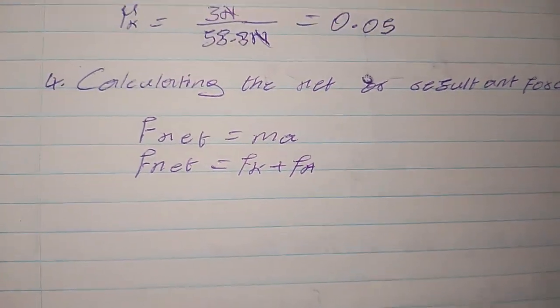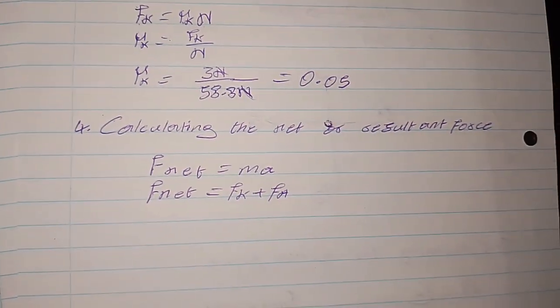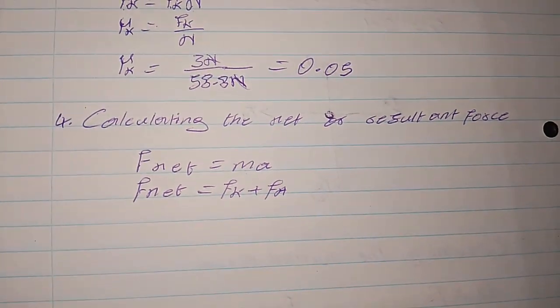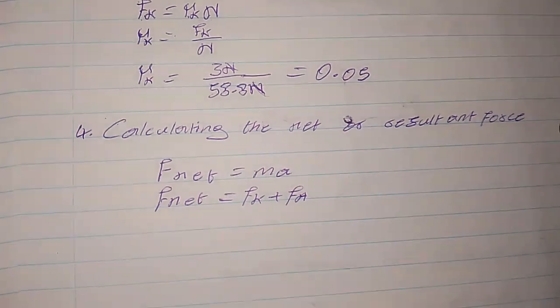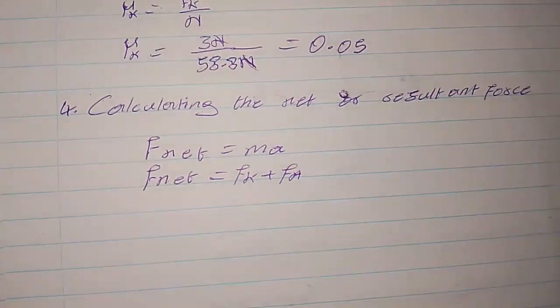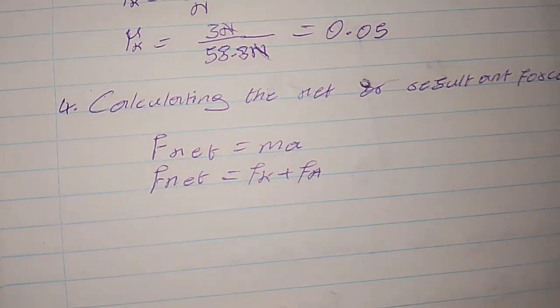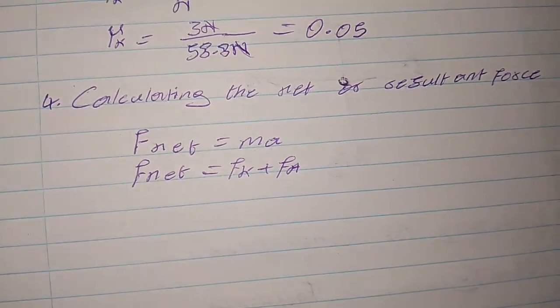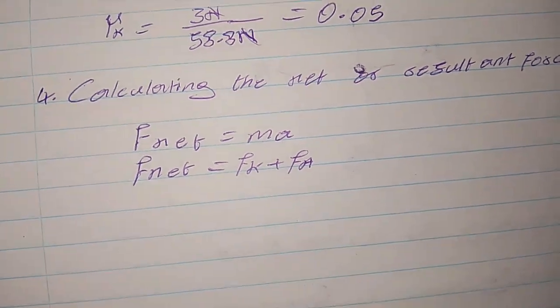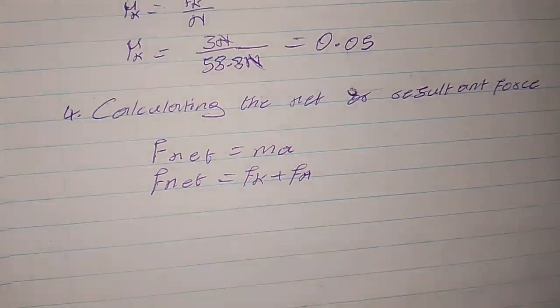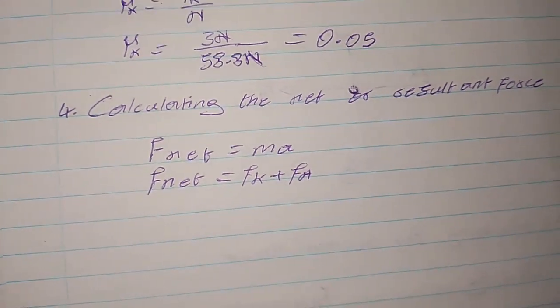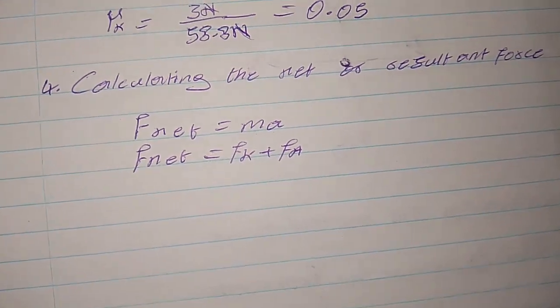You choose which is it, right or left, you need to make positive or negative. But to make your life easier and simple, just take the direction where the object is moving as positive. So here the object is moving to the right, and we are going to take right as positive.